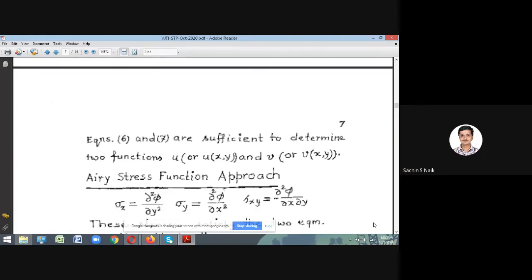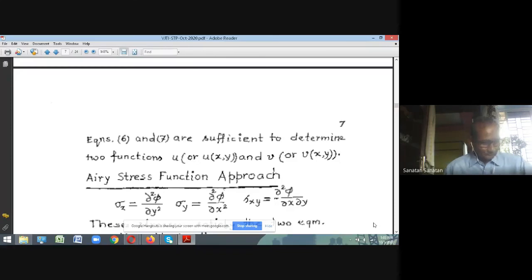Please. Yeah, he says, can you clarify what is statically indeterminate condition and compatibility condition? Yeah, you see, I hope you have understood the problem of strength of material. If you have understood, there is no difficulty.